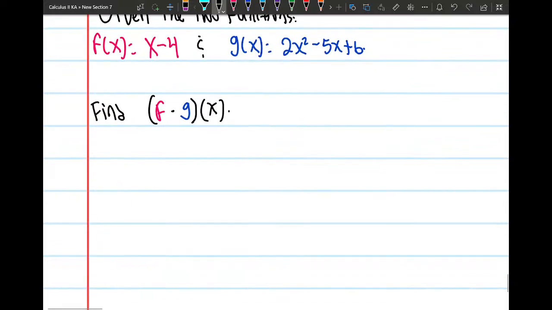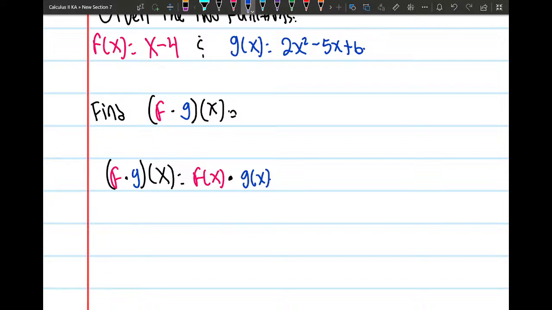Again, we know that this rule, f times g of x, is equal to f of x times g of x, okay?